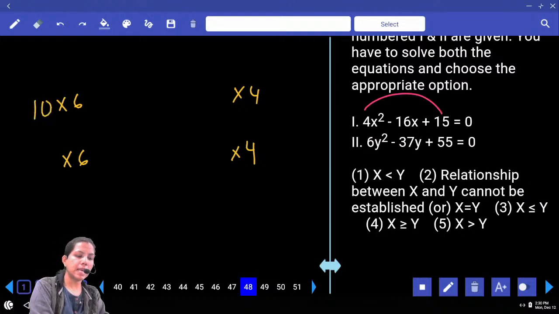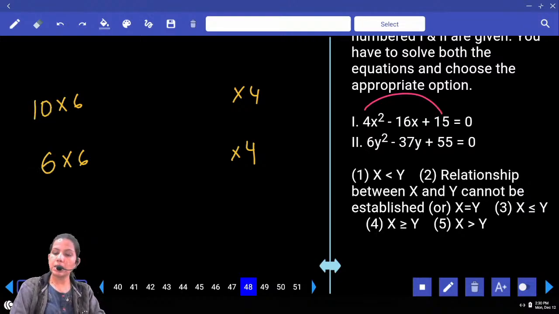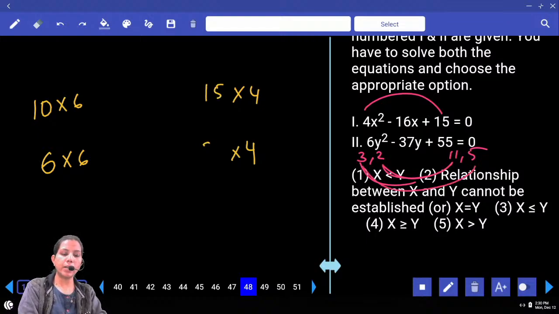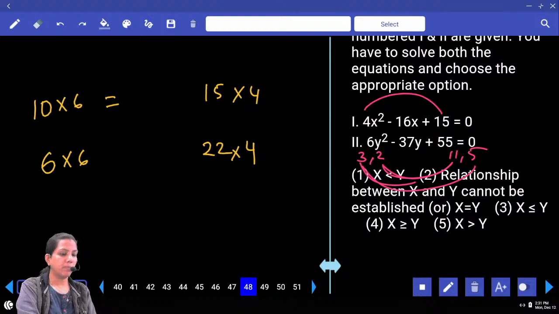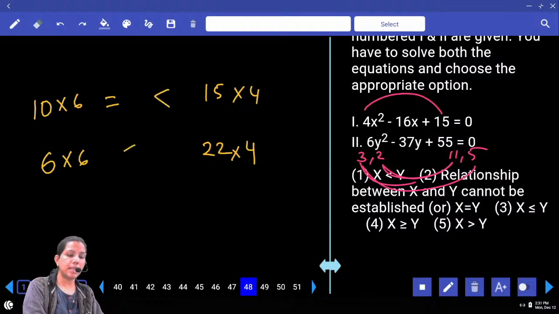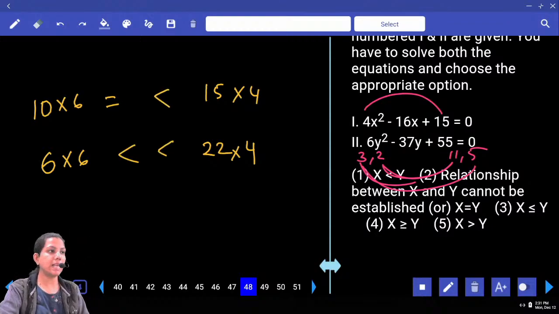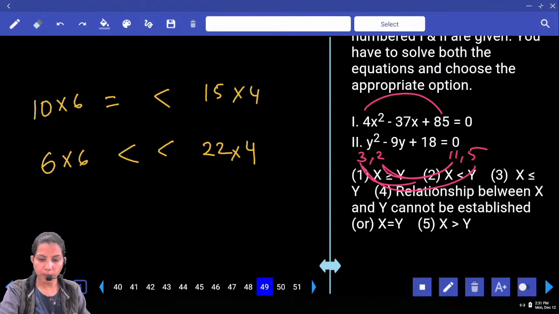So 10 6s are 60 and 16. 6, 3 into 2 into 11 into 5. 11 2s are 22. 3 5s are 15 plus 22 equal to 37. It matches. 10 6s are 15 4s are also 60, equal. 22 into 4, less and less. So answer x less than or equal to y.